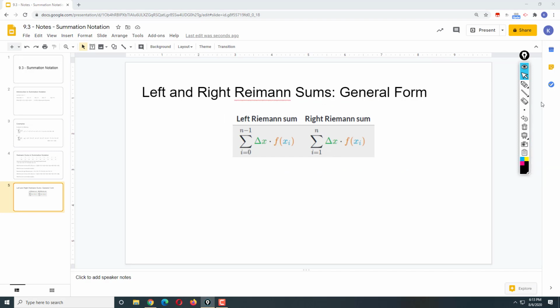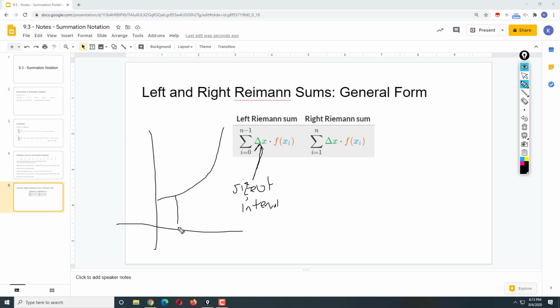Well, we're summing delta x, which is the size of the interval. So for example, if we have a curve and we divide it up into intervals, the size of the interval is delta x. For example, for the interval from 3 to 5, the size of the interval will be 2.